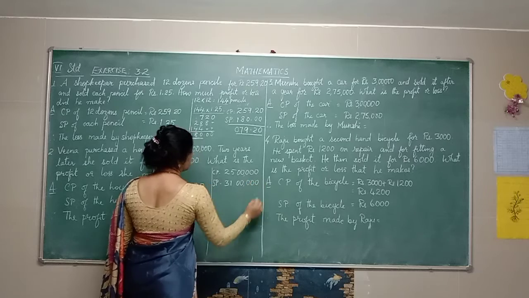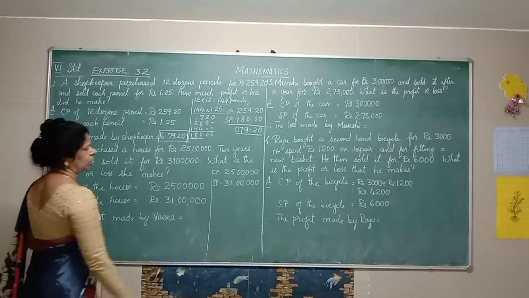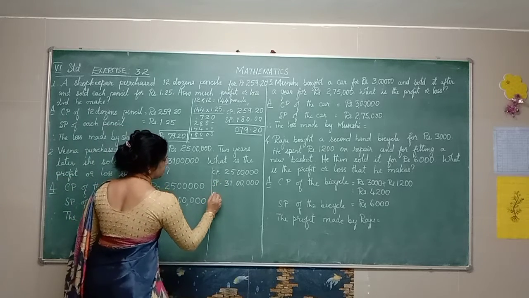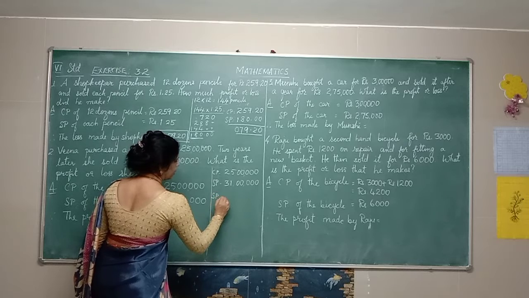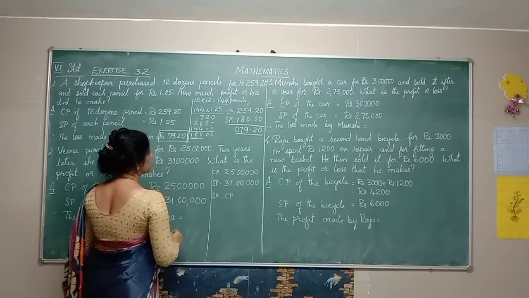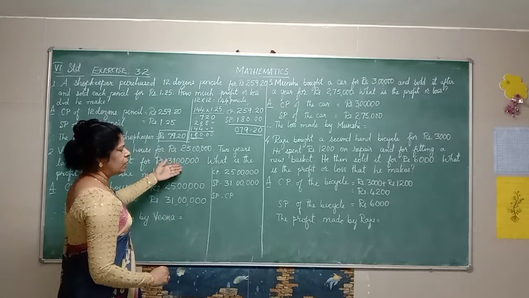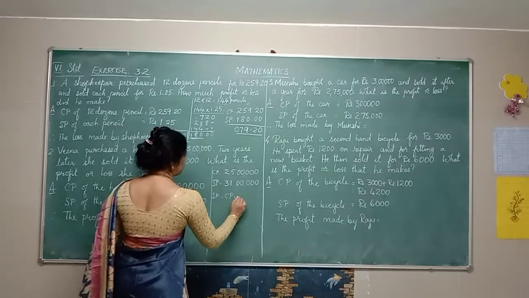So what is the difference? Difference means you have to subtract. You put the selling price up, the greater number. Selling price minus cost price. Here you can easily make out this is a profit. So profit is selling price minus cost price.